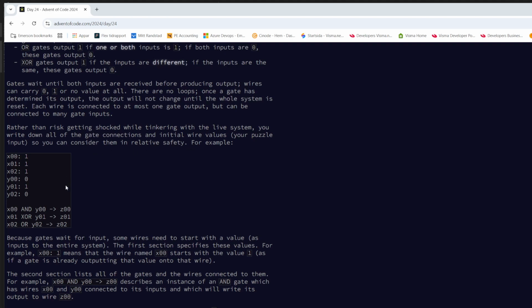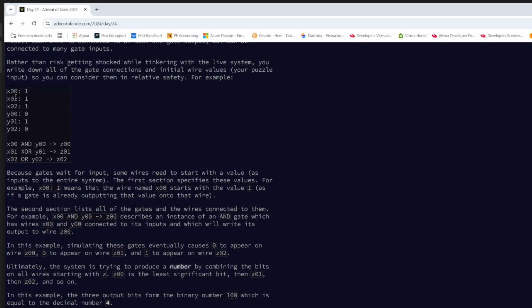Here we see an example. We see the initial state of some of these wires. Then we see a list of formulas.